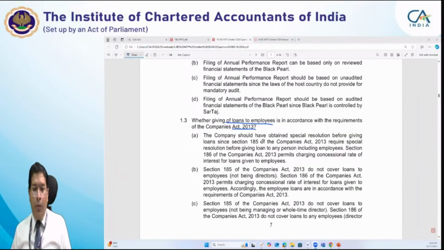In MCQ 1.3, whether giving the loan to employees is in accordance with the requirement of the Companies Act 2013.